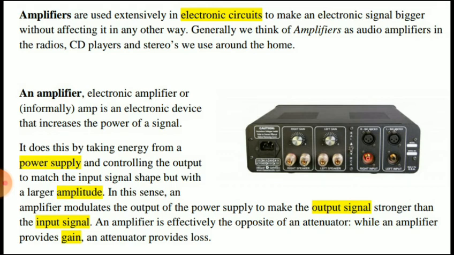Servo amplifiers and instrumentation amplifiers may work with very low frequencies down to direct current. So amplifiers can also be categorized by their physical placement in the signal chain, like preamplifier, booster amplifier and inline amplifier.